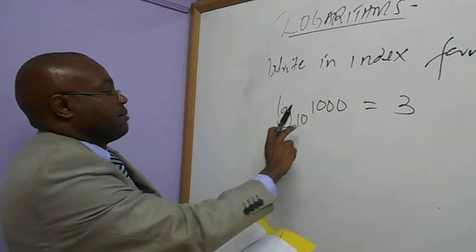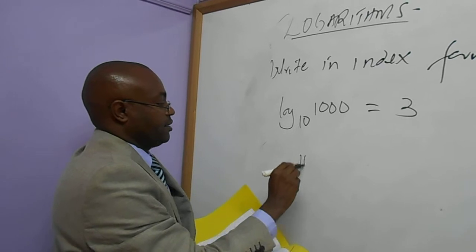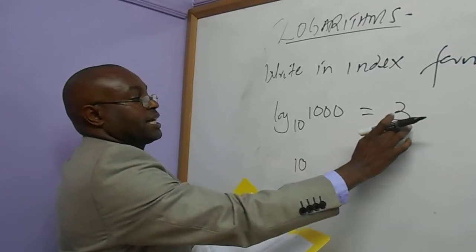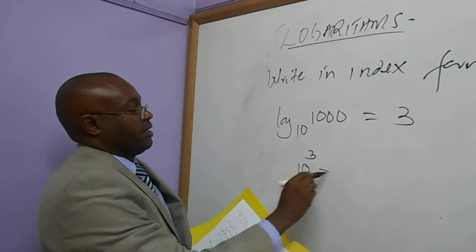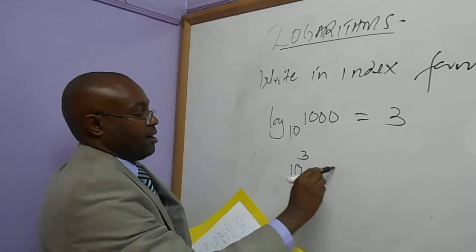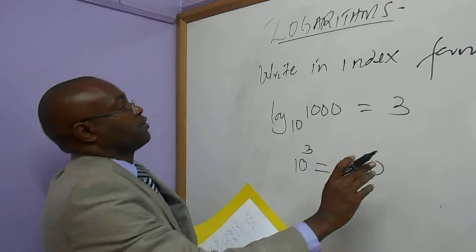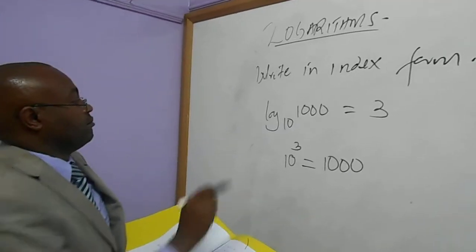So we take the base, which is 10, then we take the logarithm, which is a power, and put it on top, and say equals the number that you are looking for. So you have written in index form.